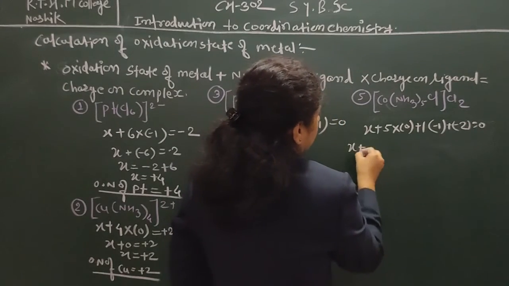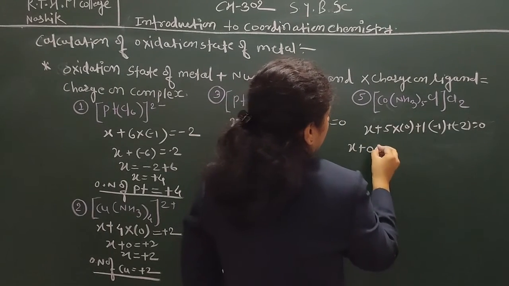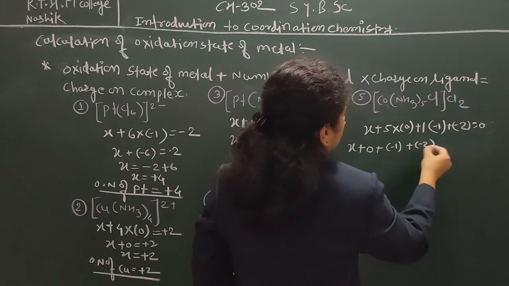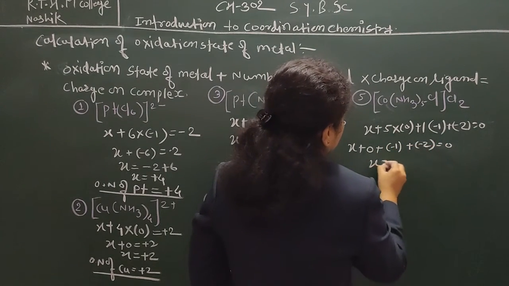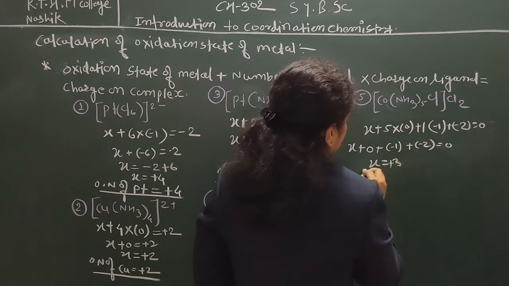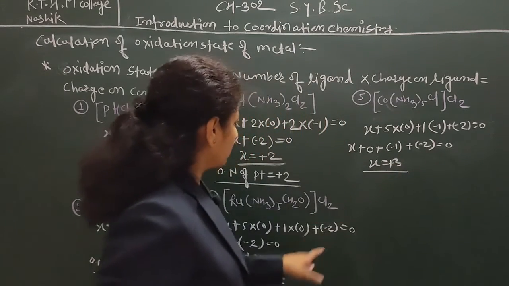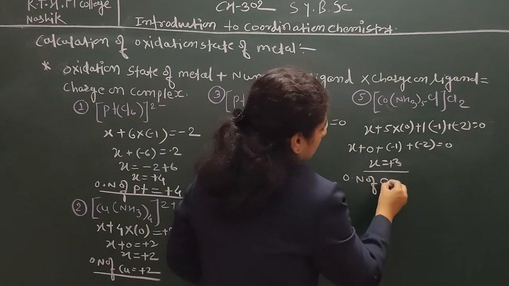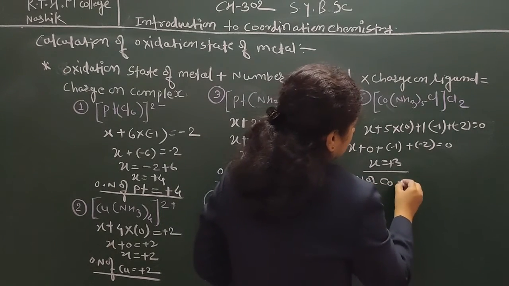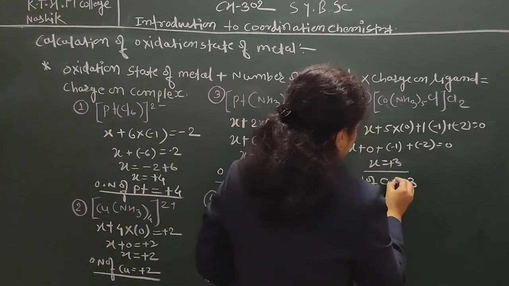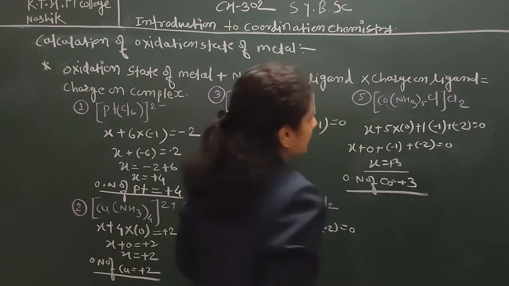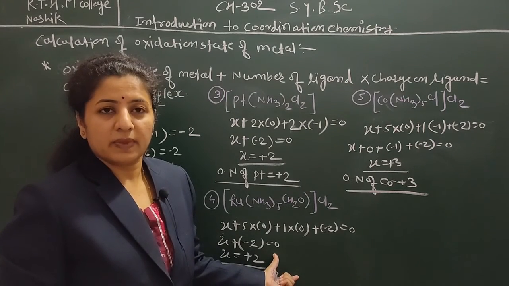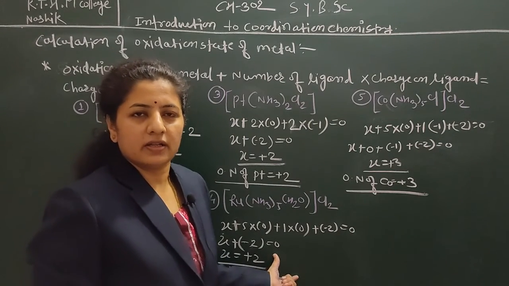So here X plus 0 plus minus 1, X is equal to 3. So the oxidation number of cobalt is plus 3. So these are the various metals with their respective oxidation states.